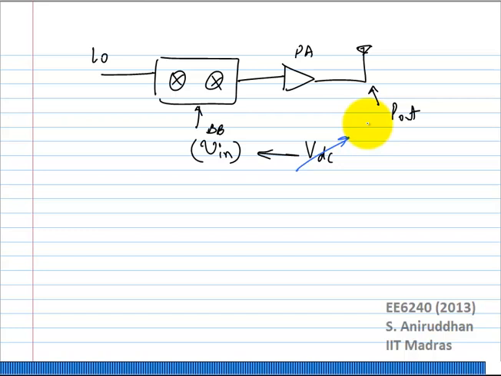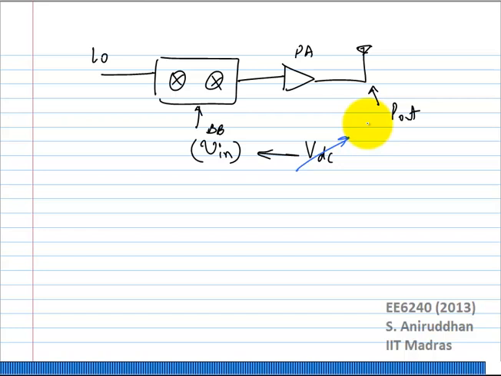Now there is one thing you have to take care of. When you do this, you have to be a little bit careful about the output power levels versus the input DC quantity. Because if you take, let us say, a DC signal and apply it to this, you will get a certain output power. At the end of the day, I am interested in transmitting a certain amount of output power.